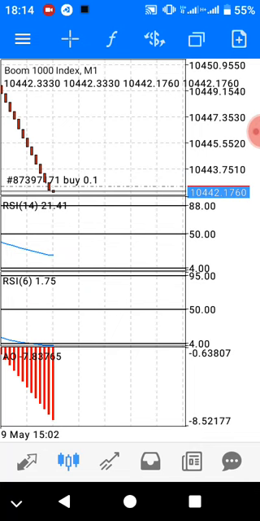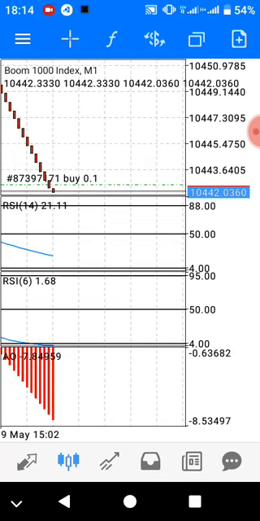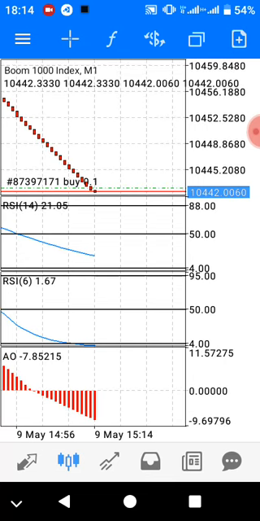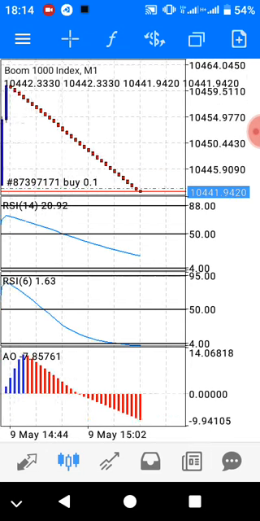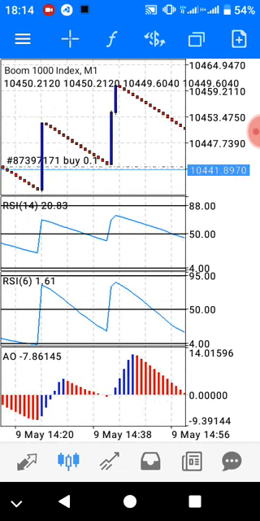So for you to not suffer a high drawdown, you first enter with a smaller lot size when the RSI 6 touches 4. But when you want to enter with a higher lot size, you wait for the RSI 14 to touch level 4, because we can see that the awesome oscillator is telling us that this is a strong sell.